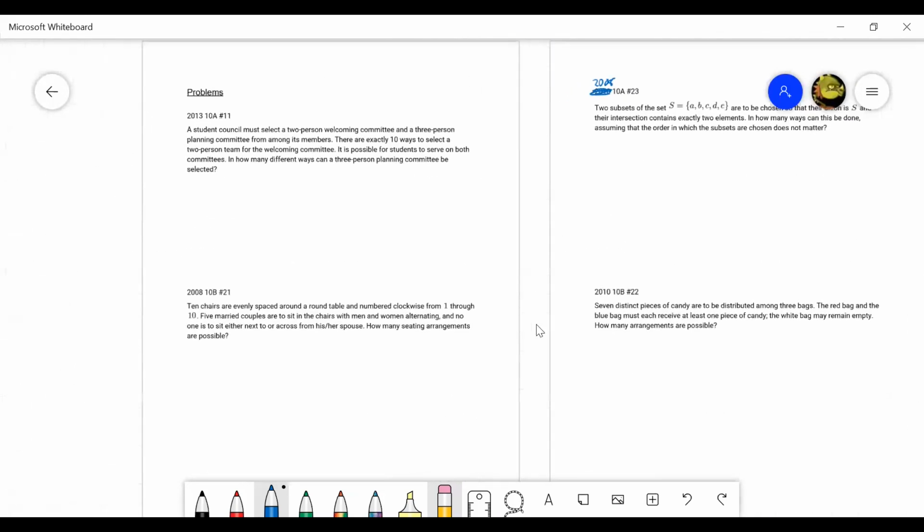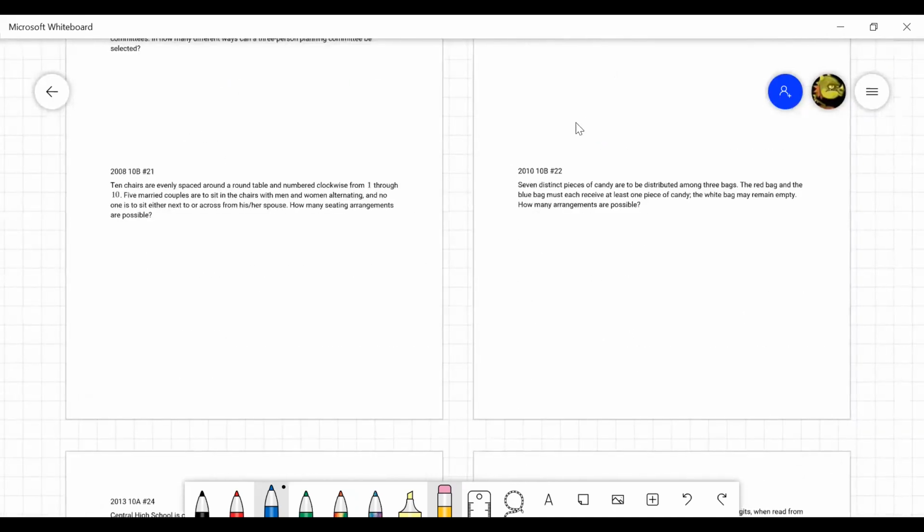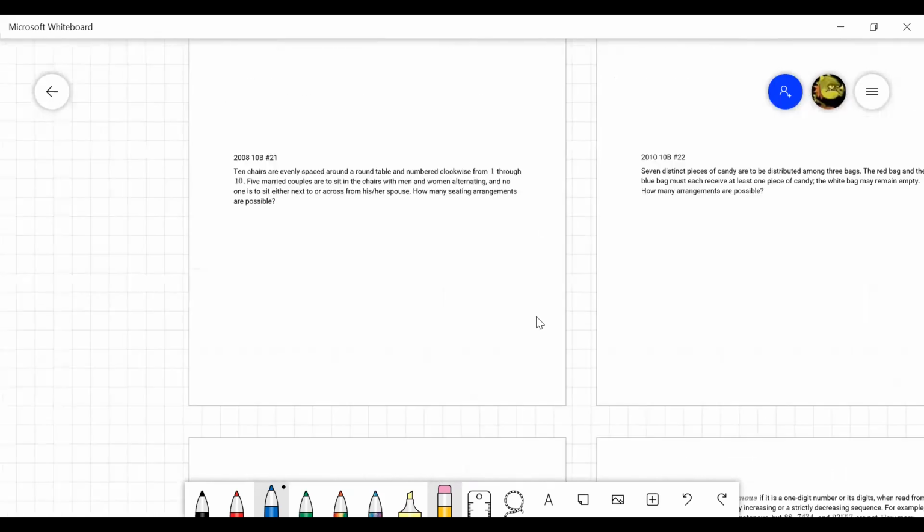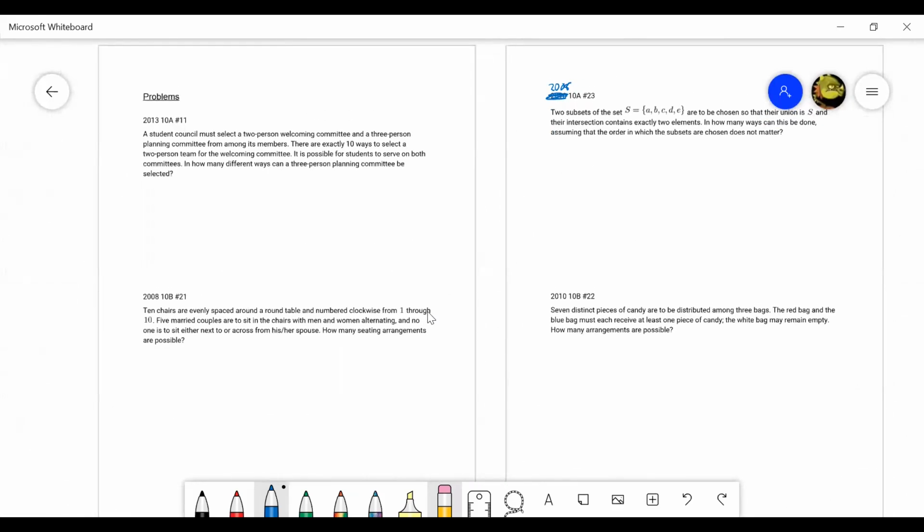For the problems, I think we're just going to start from the beginning. This first one is a really simple problem that you'll see. 2013 number 11: you're essentially selecting 2 people from a group of some number, and you want to find the number of ways to select 3 people.